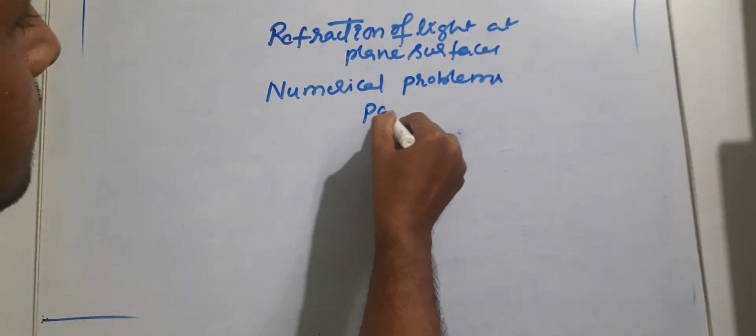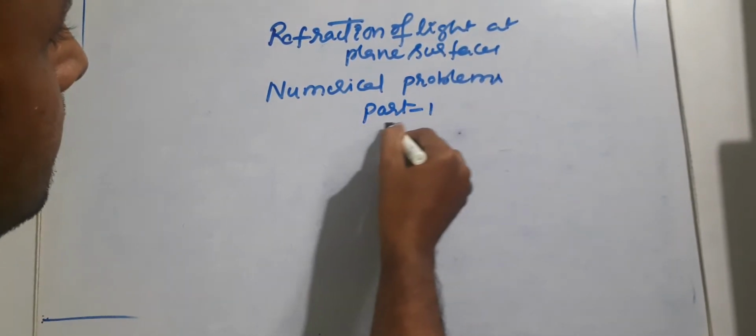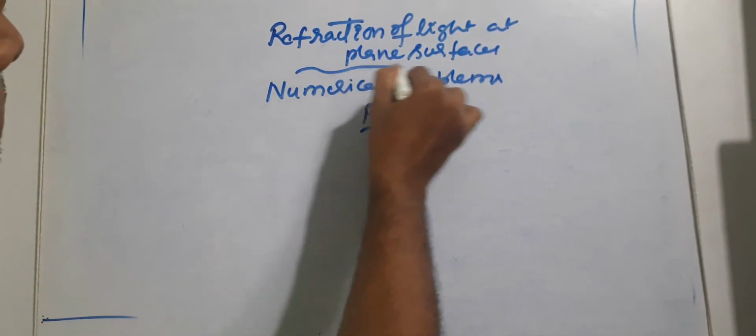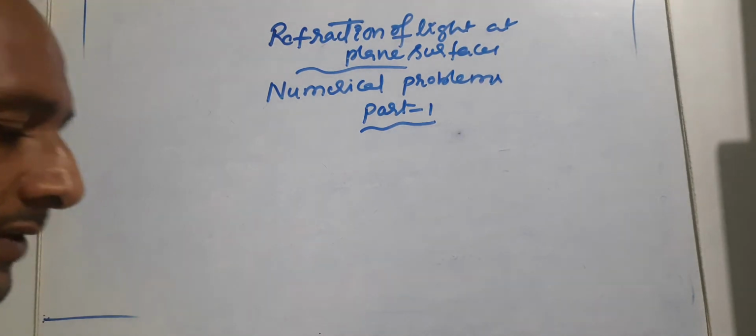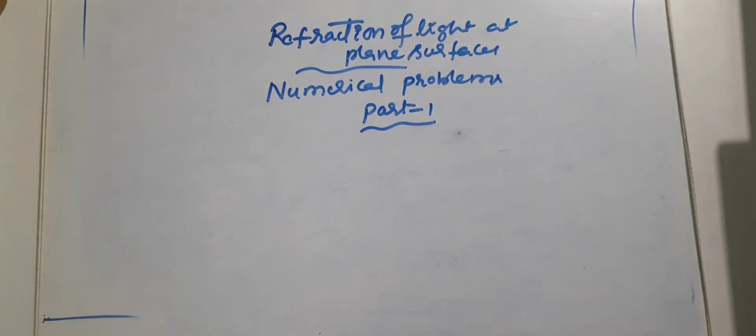This is part 1 of this video. We can explain here clearly the solution of some problems based on the topics you learned in refraction of light in plane surfaces, students.